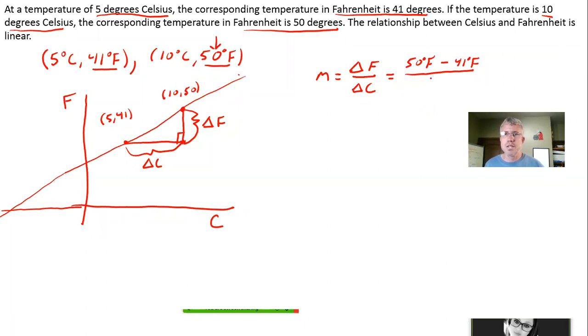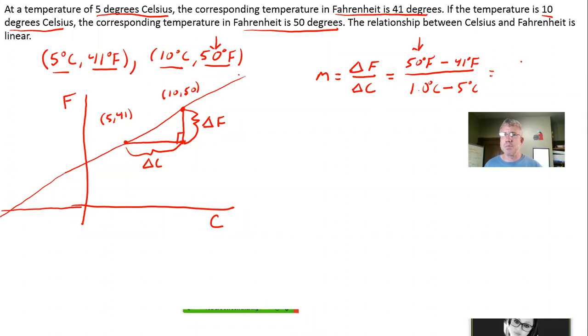So the delta Celsius that corresponds would be, because I put the 50 first, I have to put the 10 first that corresponds to the 50. Doesn't matter which ordered pair I put first, but I have to be consistent. If I put 50 first, then I put 10 first. If I put 41 second, I put the 5 second.